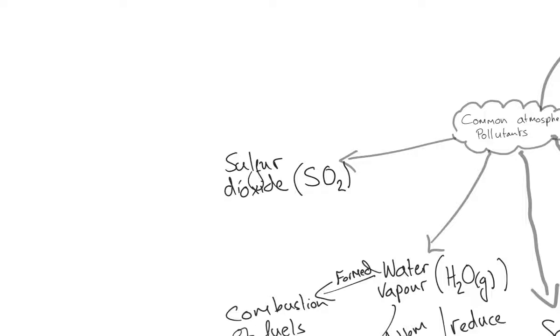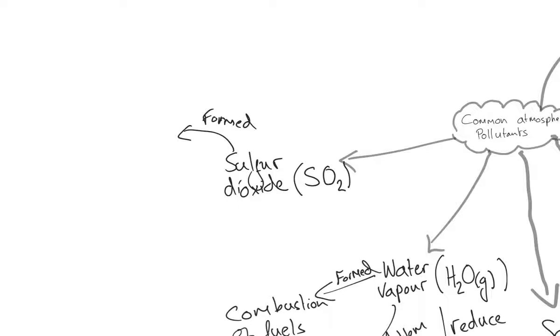So what's sulfur dioxide? How is it formed? Well, sulfur dioxide is particularly formed when you burn things like coal, because they actually contain some impurities. So they're not pure, they're not just carbon and hydrogen and various other things.